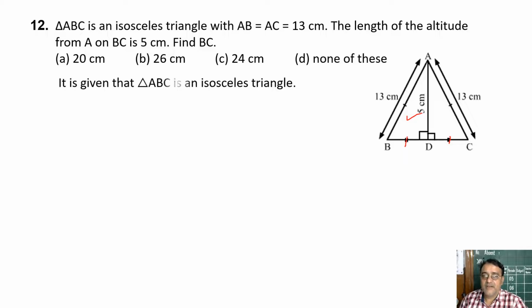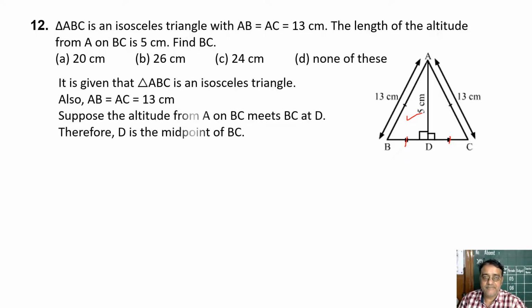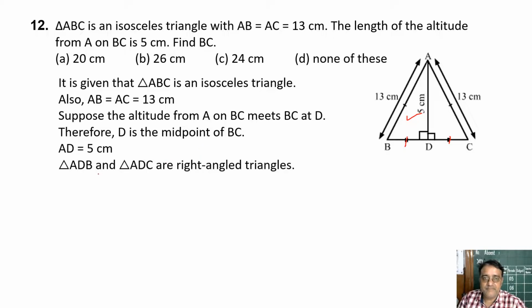Did you understand this? Yes, sir. Right. So by Pythagoras theorem, see these two are right triangles. We are going to take this triangle. By Pythagoras theorem, in this triangle, what we are going to get? AB square is equal to AD square plus BD square.